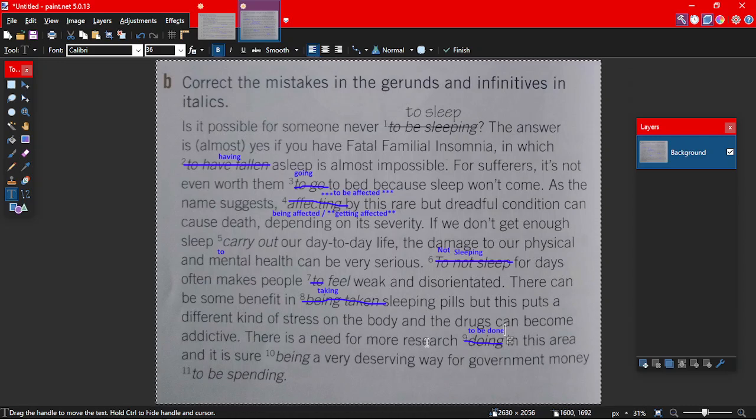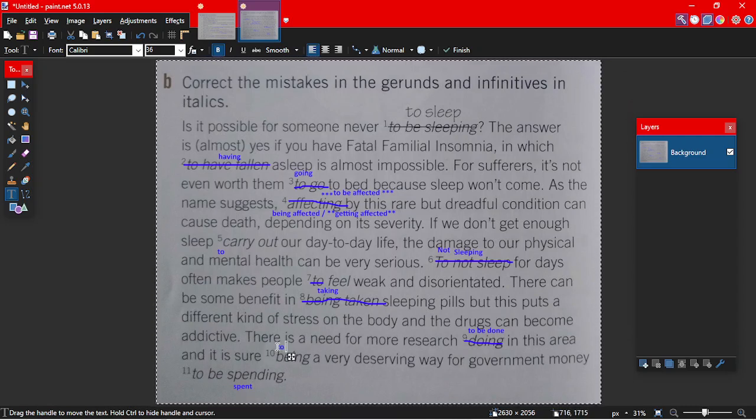From our research. Be a very deserving way for government money. And it is sure to be.